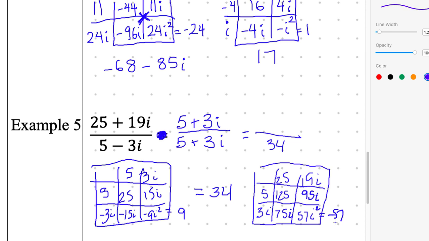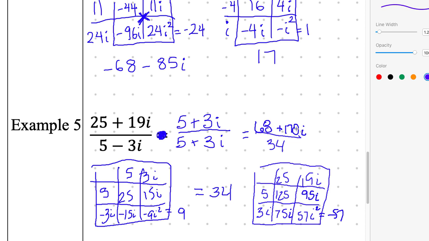Yes, question. What was it? 125 minus 57. 68. And then 95 plus 75. That's what I got, Mr. Sindel.